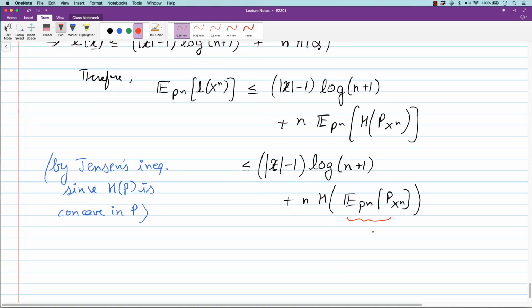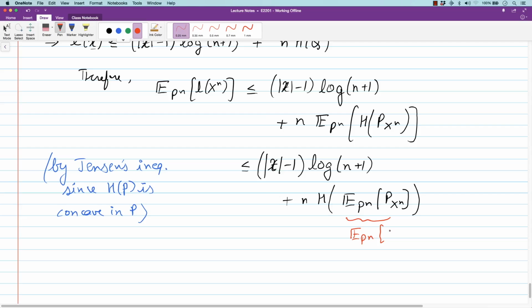Well, let's look at what is the probability P_{x^n}(a) under P^n. Well, this is the expected number of times you see a in this sequence, and that's n times P(a) divided by n, and so that's just P(a).